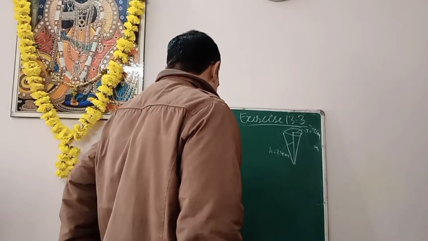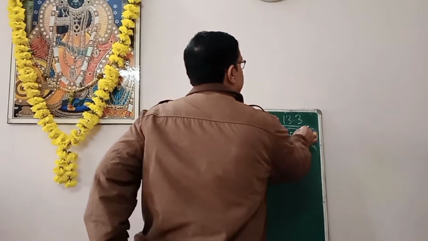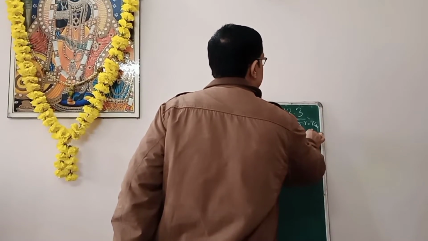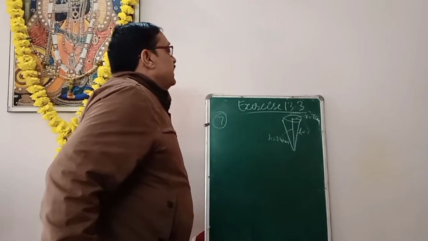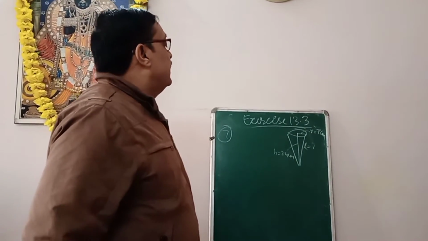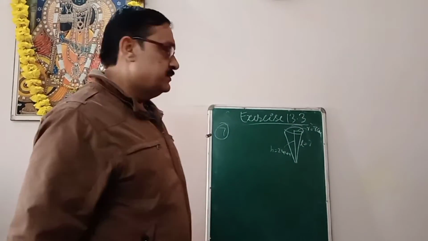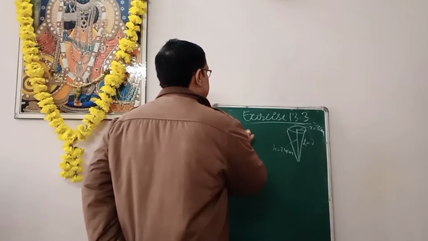So when H is given, R is given, this L is not given. And in all the formulas, R and L are important. So we need to find out this L first.